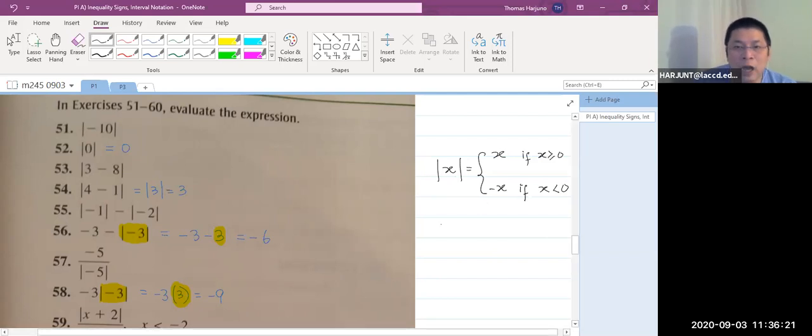So if the guy inside the house is already positive, then you keep that positive, right? But what happens if the guy inside the house is negative? How to make it positive? Then we slap that with another negative to make it positive. Does that make sense?